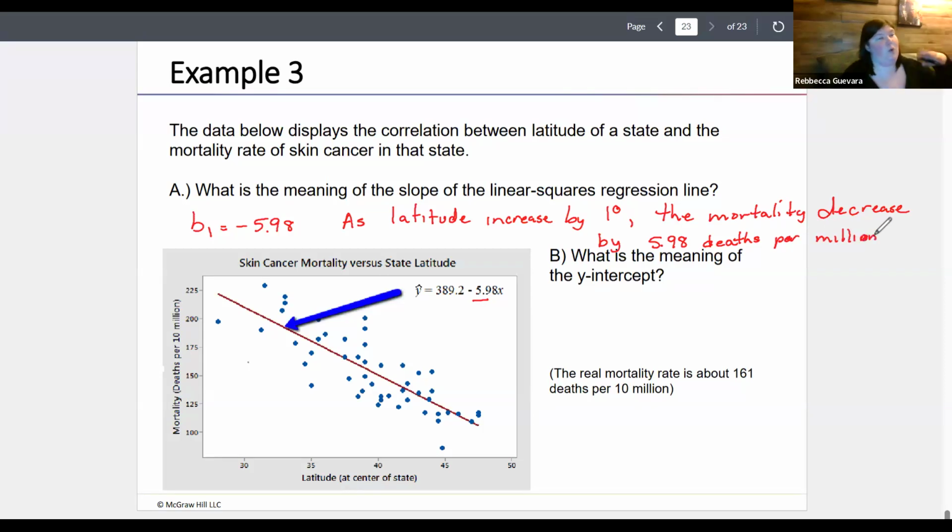So every time I go up 1 degree in latitude, out of 10 million people, we're going to have 6 less dying. So this does have an interpretation for us.